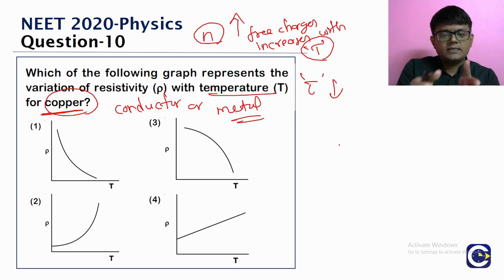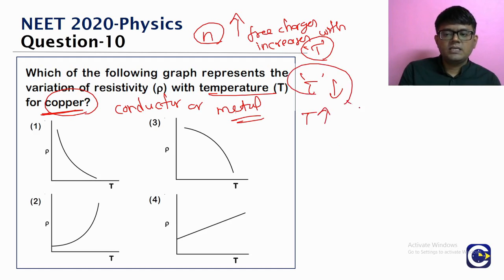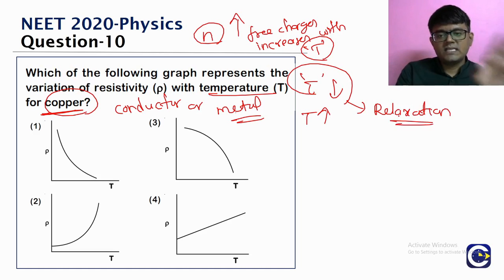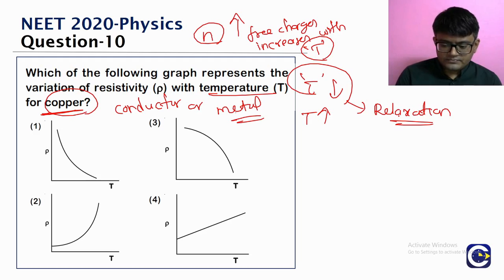As a result, the time between successive collisions decreases. That happens for both metals and semiconductors. But in semiconductors, the number density of free charges will be increasing, and that will be dominating.